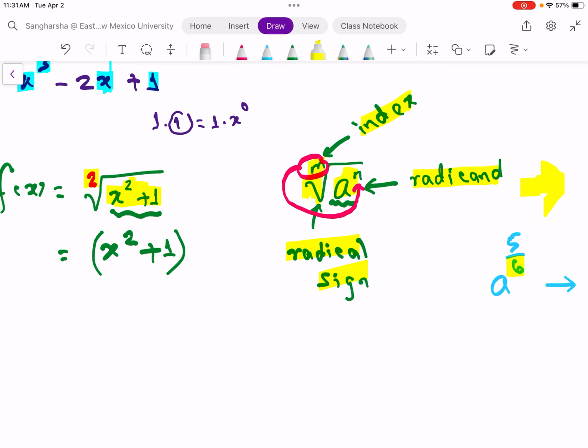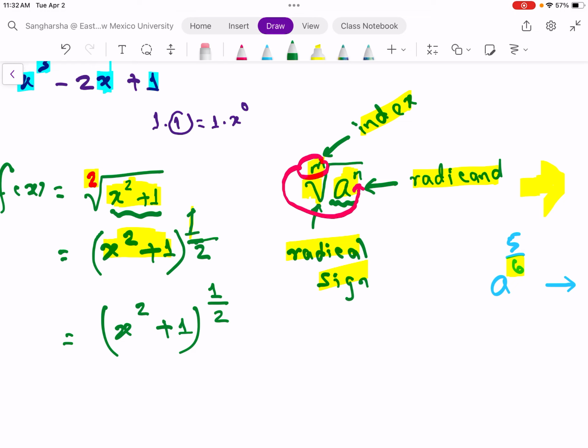If you take x squared, then 2 is the exponent, but we are taking all of this term, x squared plus 1. So what is this exponent? If it's nothing, it's always 1. So we can rewrite x squared plus 1 as x squared plus 1 to the power 1, divided by the index, which is 2. So this is the same as x squared plus 1 to the power 1/2.